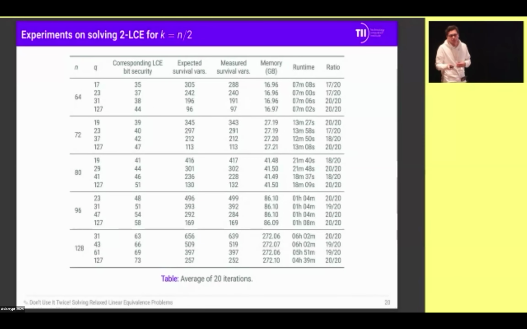And we go further with larger experiments for the 2LCE. The largest one that we tried was n equals 128, and k is just half of that, so 64. Just to give an idea, for other parameter sets they sometimes use double the sizes.